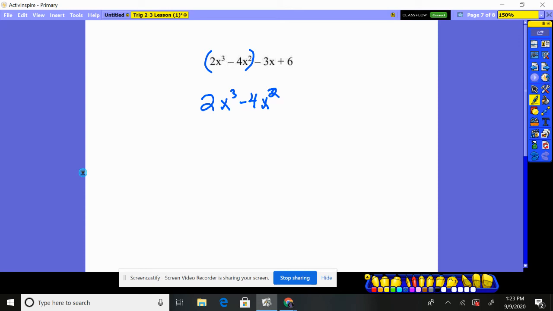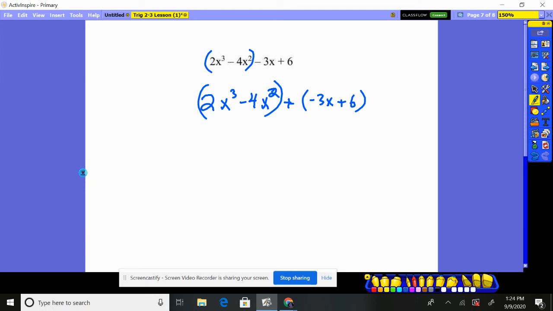And what you want to rewrite it as is a plus, okay? A plus here. And you can just put negative 3x plus 6. You're going to want to rewrite that and relook at it as plus a negative 3x plus 6, okay?